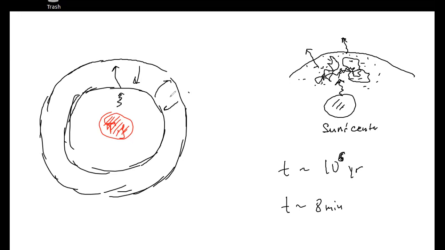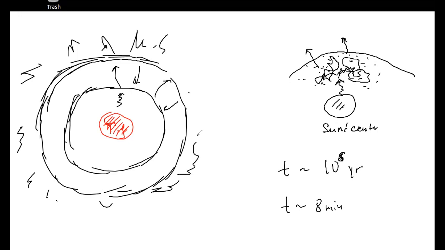So you can transfer energy to the surface by convection. It's like something boiling: hot gas goes up, cools down and goes down. And then you have maybe some surface, like a chromosphere. And this is basically our sun.